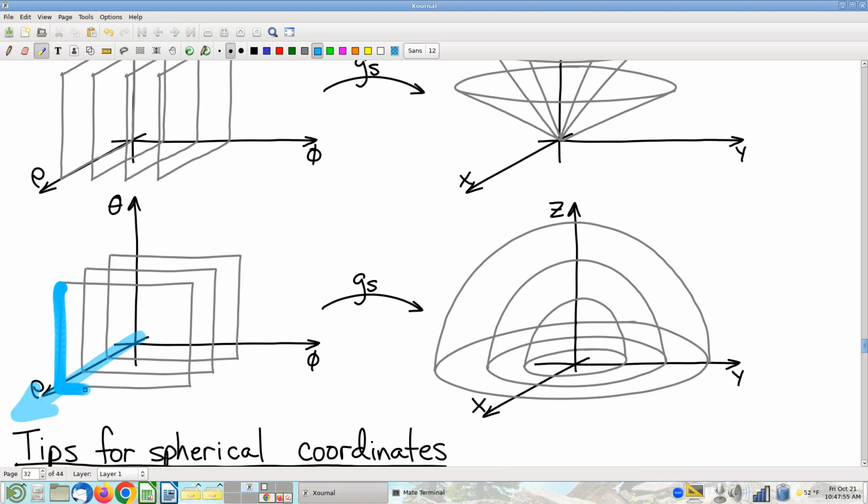A constant value of rho is actually a half sphere. Yikes. Right? That's a weird kind of thing to think of as a slice, but that's a constant value of rho there. And good news, again, we don't actually care what that looks like. What I'm going to be needing is rho slices of phi slices of theta slices. So there's a phi slice of a theta slice.